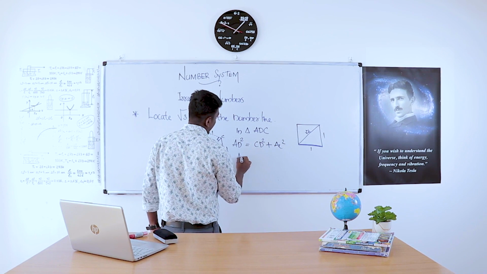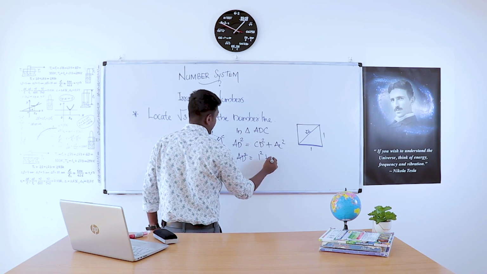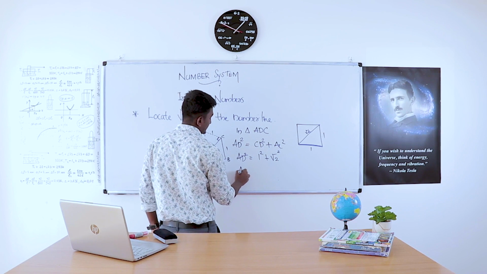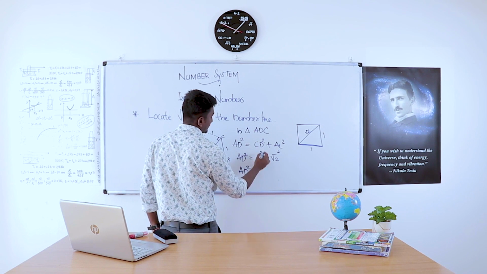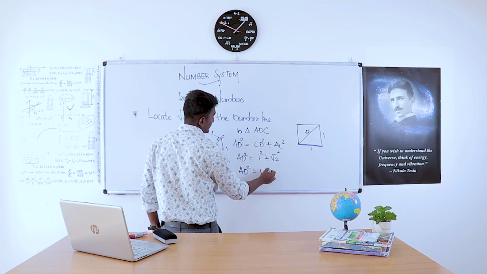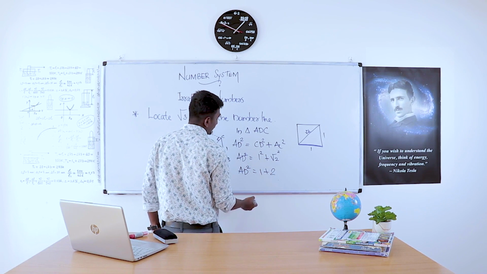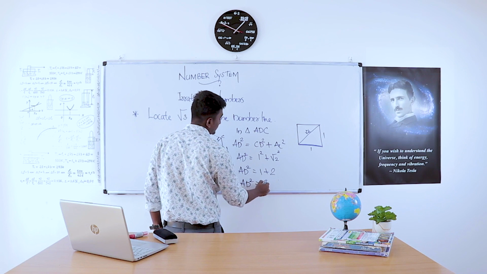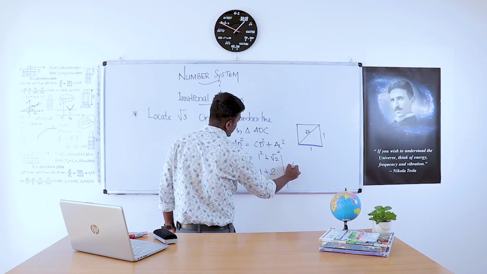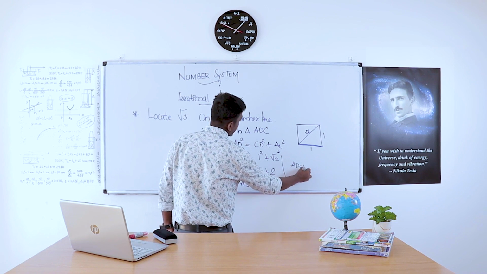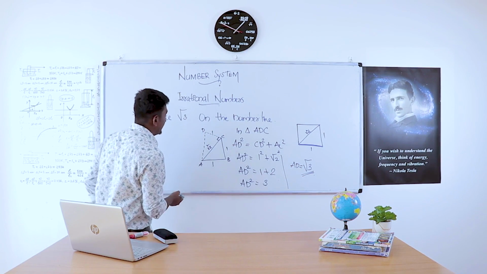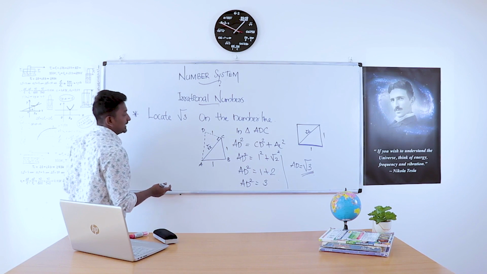That is AD square is equal to CD is 1 square plus AC is root 2 square. That is AD square is equal to 1 square, that is 1, root 2 square is 2. Therefore AD square is equal to 1 plus 2, 3. AD square is equal to 3. Therefore taking the square root, AD is equal to root 3.